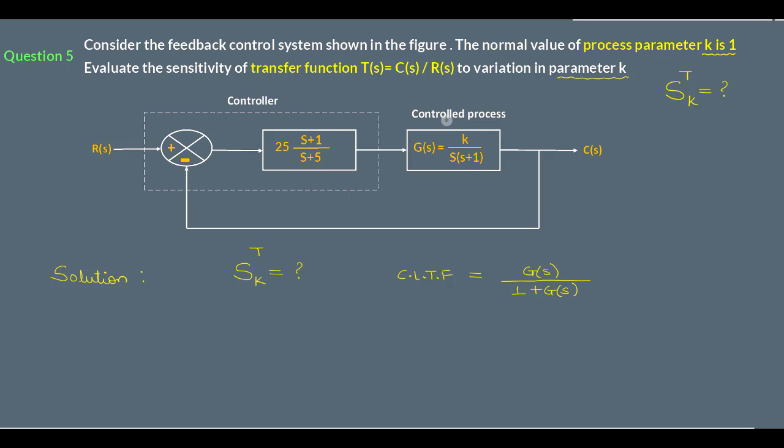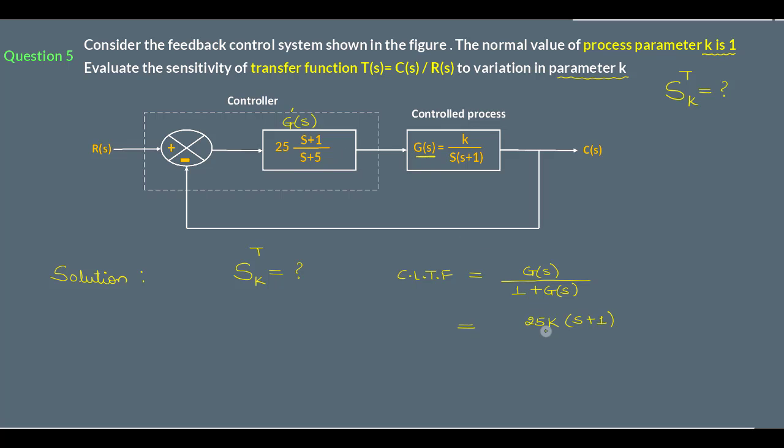Now we have a controller and a control process. We have the value of G of S, but we cannot ignore this block. You can consider this block as G dash of S. So combining G dash of S and G of S, we will get the value of G of S. So I can write this as 25K into S plus 1.